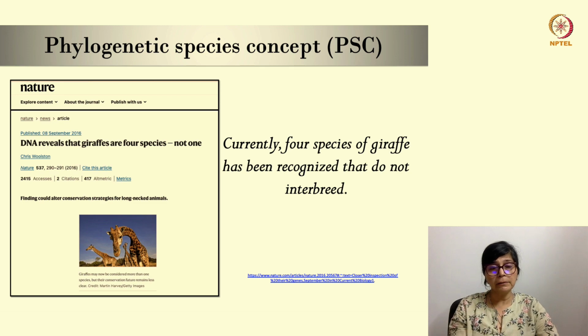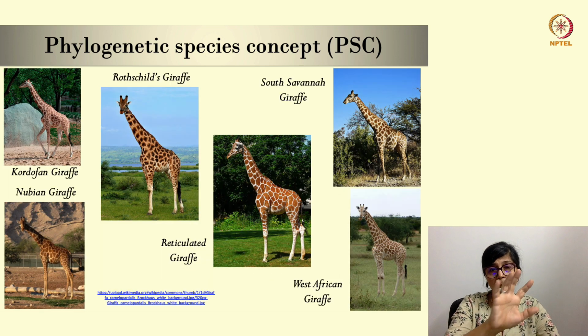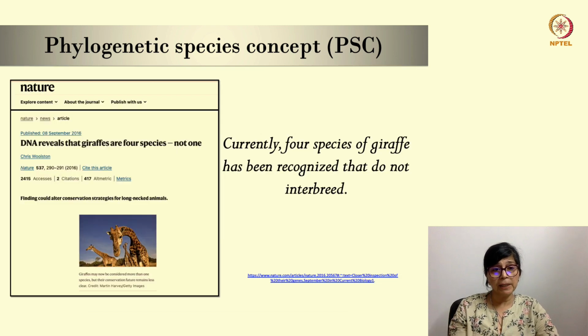So this study was done a bit early, but the latest study that came up in 2016, a paper published in the journal Nature, says that DNA reveals that giraffe are 4 species, not 1. Very interesting, right?